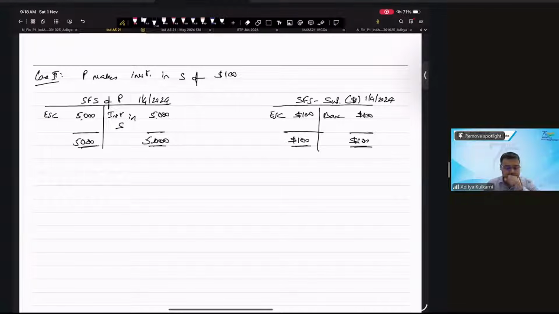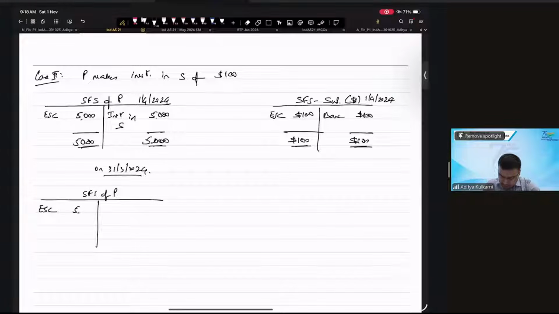Now you tell me, on 31st March, the standalone financial statements of the parent. Equity share capital 5,000. Investment in subsidiary. What do I do with the standalone financial statements?